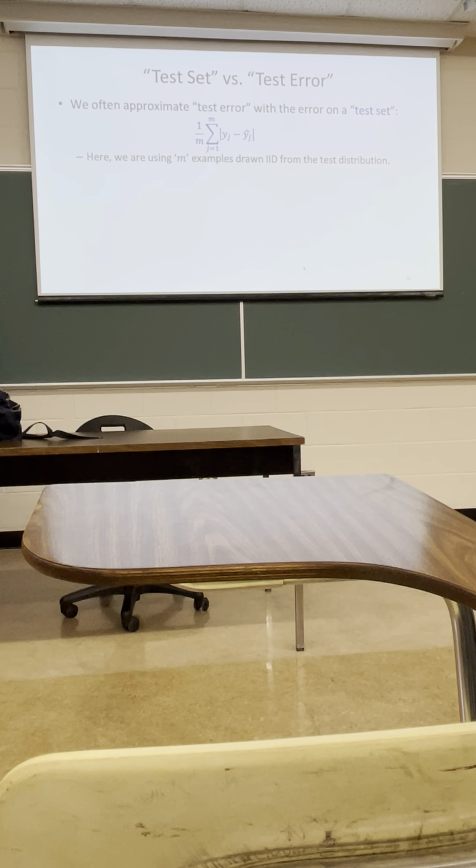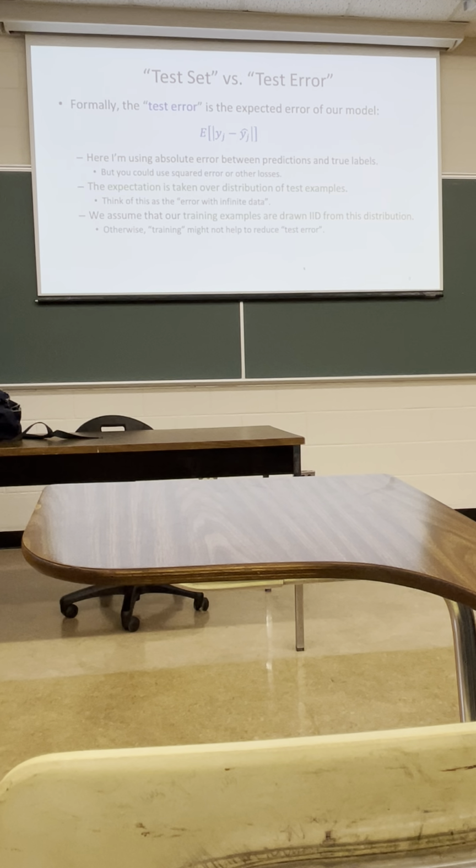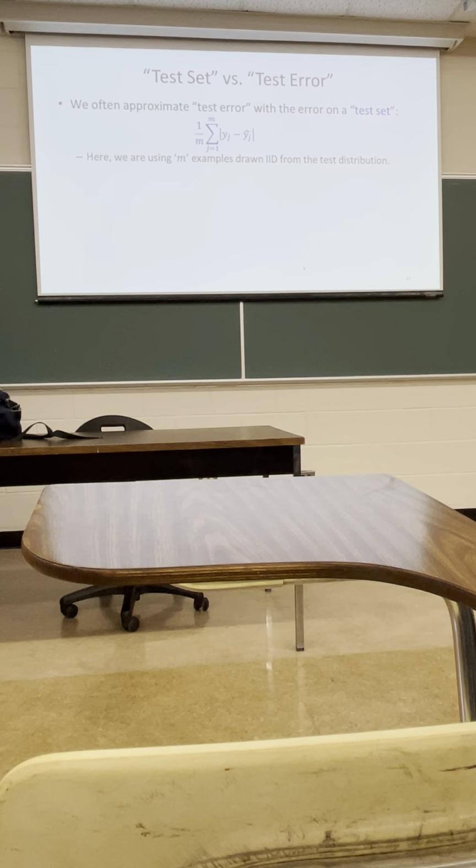This error is defined as the average of the differences between your predicted label and the ground truth of the test label. If you compare this equation with the previous one, the difference is that there it was an expectation, while this one is just an average over a finite number of data included in your test data set.